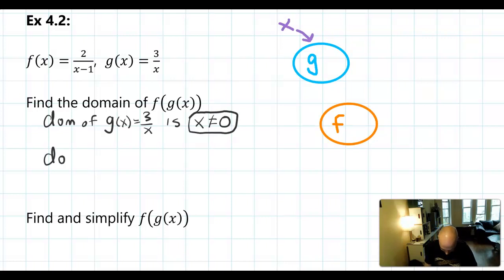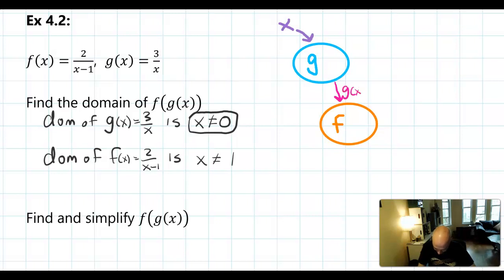And then the domain of f, which is 2 over x minus 1, is, well, I need the denominator to not equal 0, so I need x to not equal 1. But before I box that in, I need to remember that in my little diagram, I'm not actually putting x's into f of x, I'm putting g of x's into f of x before I can get the output.